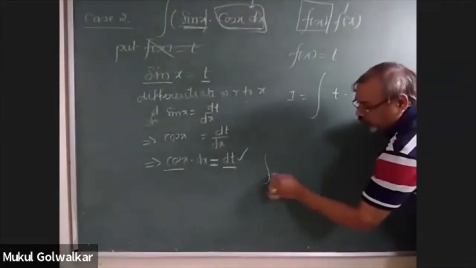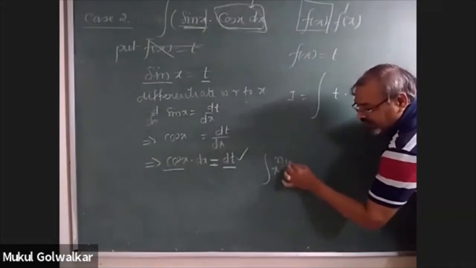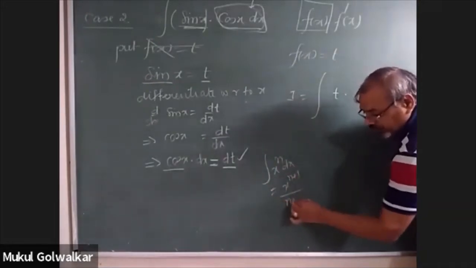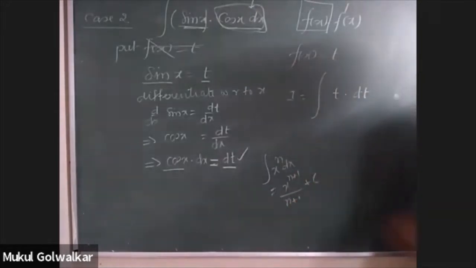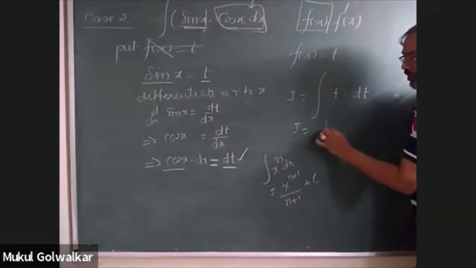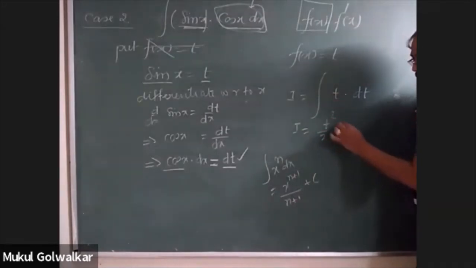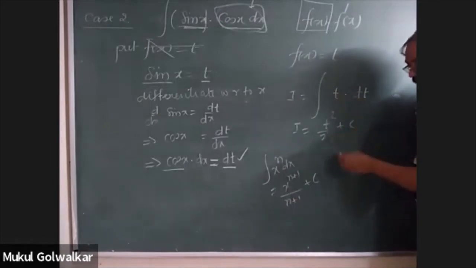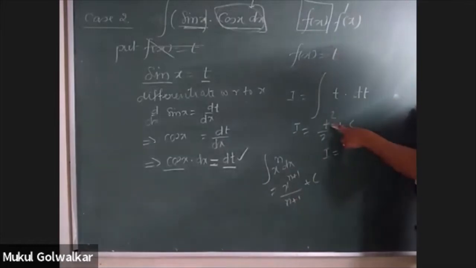We can recall the standard formula: integration of x to the power n dx is equal to x to the power n plus 1 divided by n plus 1 plus a constant quantity. Using that, we get the integration of t is equal to t square by 2 plus constant.